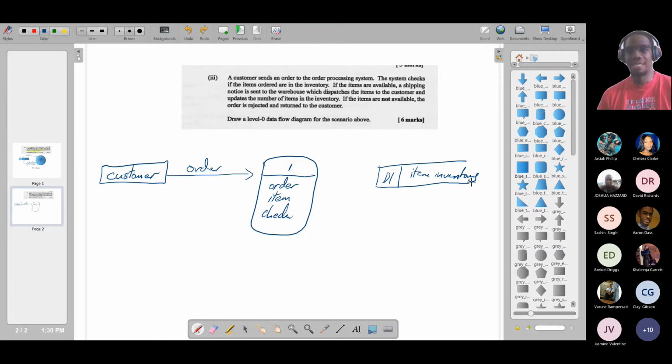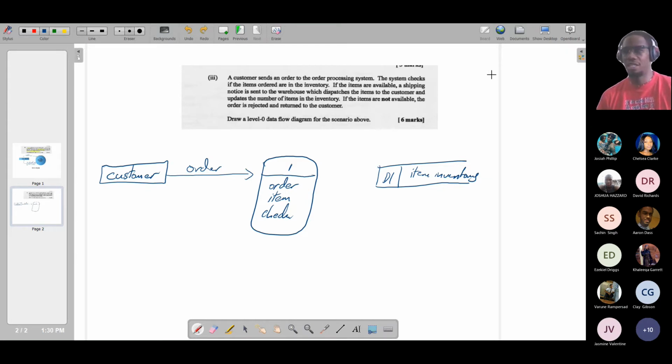We could just name it item inventory. We're not using any of these shapes anymore. And the order item check will send an item availability request, and the item inventory will return the available items.